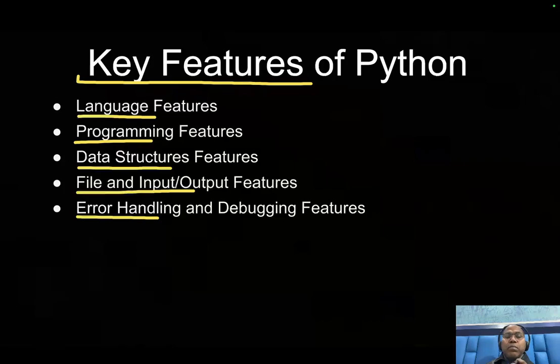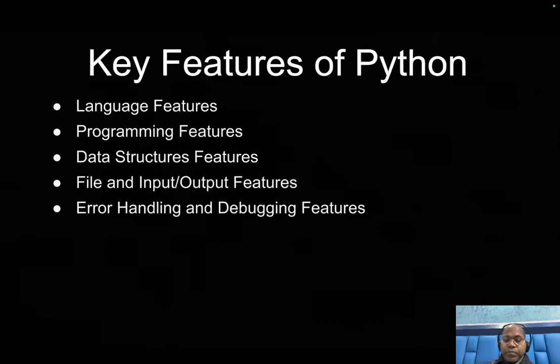If some problem happens in your application, how are you going to debug it, or what other utilities does the Python language support? Okay, so let's talk a little bit one by one: language features, programming features, data science features, file and input output features.